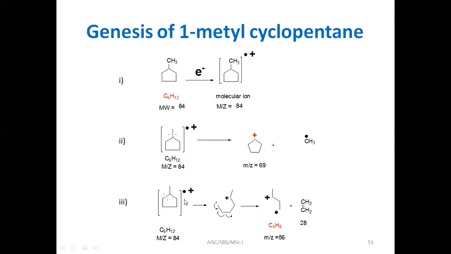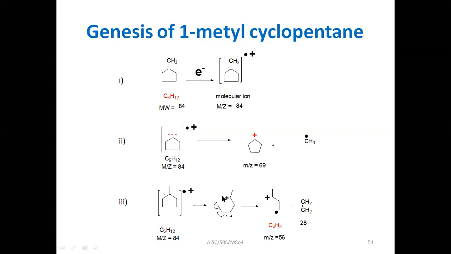Then another way, if the methyl does not break, you can break a bond of the ring adjacent to that methyl group. If you break that adjacent bond, you get plus and dot here. Plus is written on the methyl-bearing carbon because it gives a stable cation and a radical, and it has the same m/z as the molecular ion because nothing is lost from the fragment during that breaking.